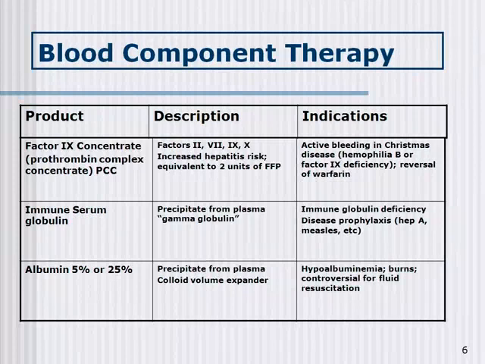So it is obviously, as the name implies, concentrated. And technically is indicated only for active bleeding in patients with Christmas disease, which is hemophilia B, patients with factor 9 deficiency, and it's in the guidelines for reversal of warfarin bleeding, and so prothrombin complex concentrate could be considered in that setting. Immune serum globulin, again, would be basically for patients that have immune globulin deficiency, and then it is also used for disease prophylaxis.